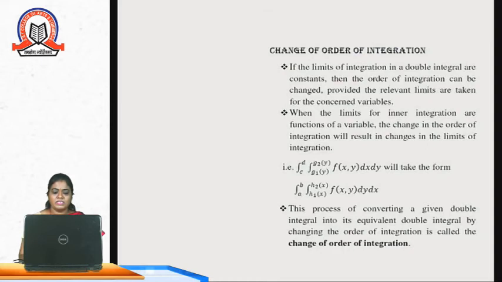Integral c to d, integral g1 to g2 f(x,y) dx dy will take the form integral a to b, integral h1 to h2 f(x,y) dy dx. This process of converting a given double integral into its equivalent double integral by changing the order of integration is called change of order of integration.